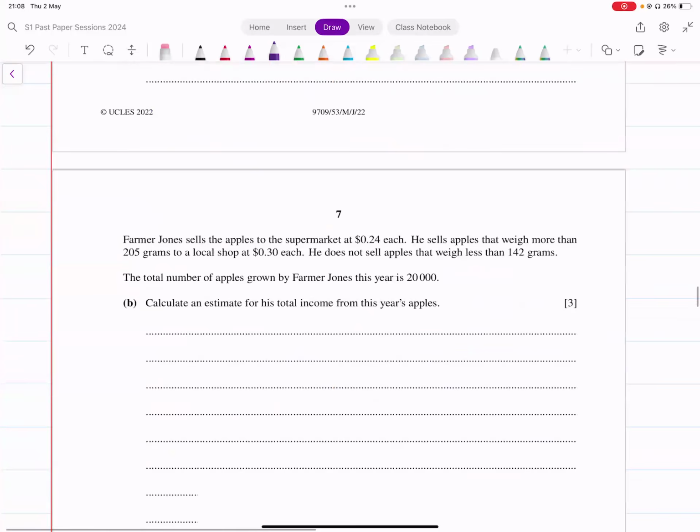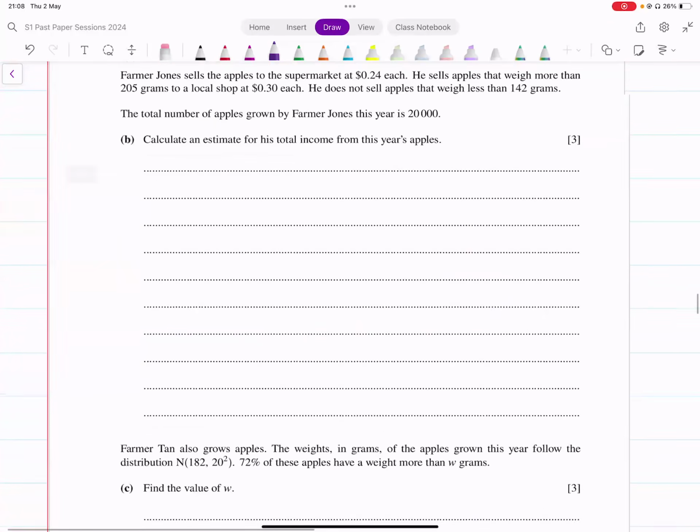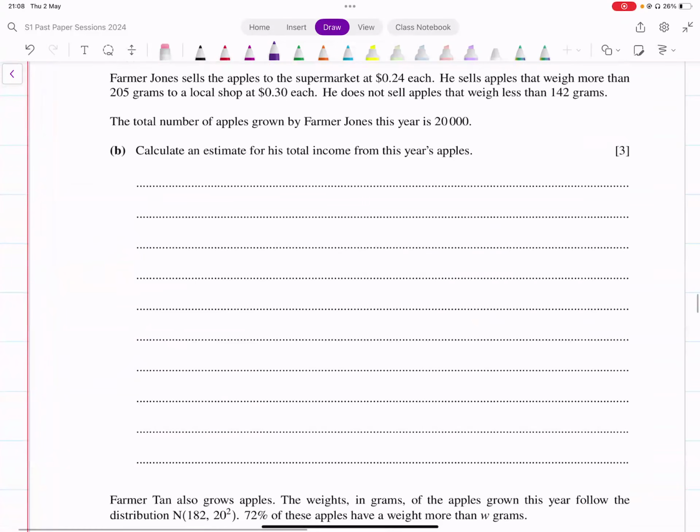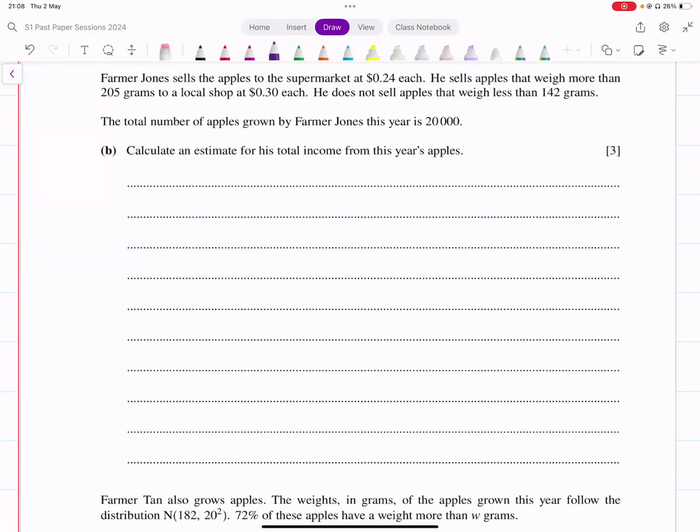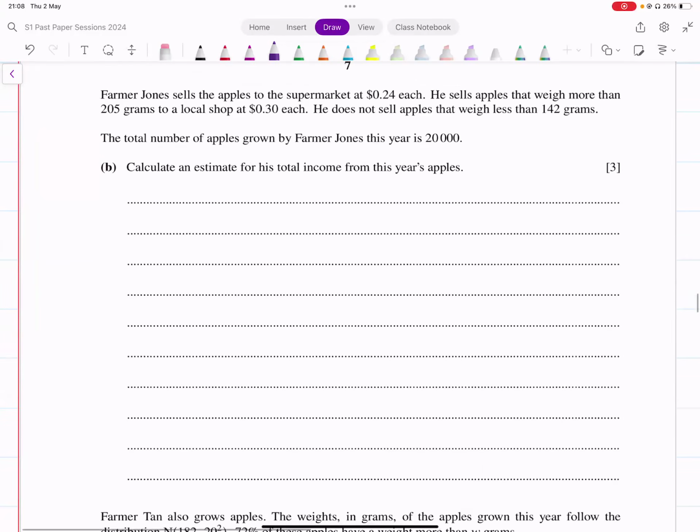Okay, let's move on. Now it says Farmer Jones sells apples to the supermarket at $0.24 each. He sells apples that weigh more than 205 grams to a local shop at $0.3. Okay, so apples to the supermarket are sold at $0.24.